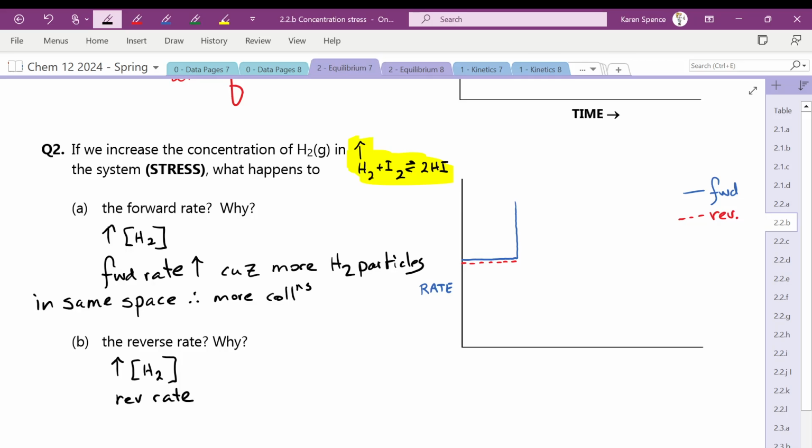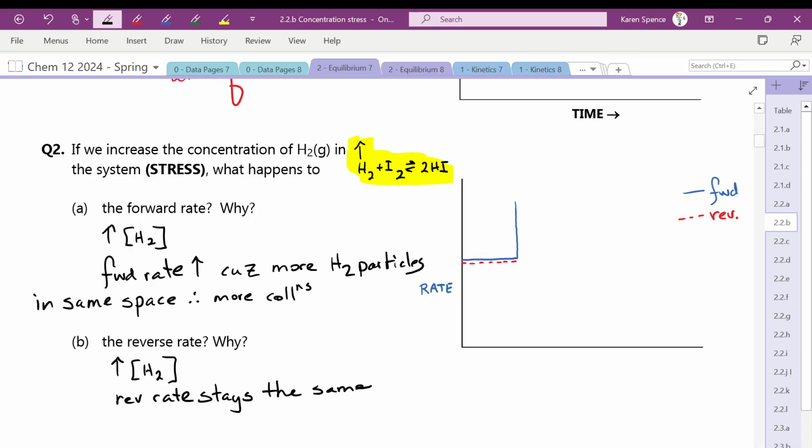What happens to my reverse rate when I increase the concentration of H2? Does reverse rate increase, decrease, or stay the same? Stays the same. Why? We have not changed the concentration of the reactant for the reverse reaction.